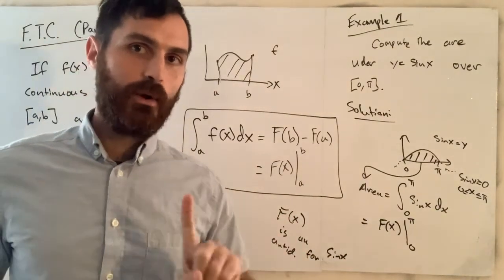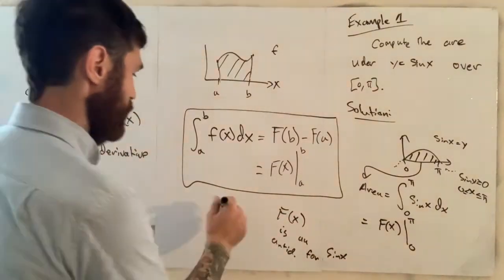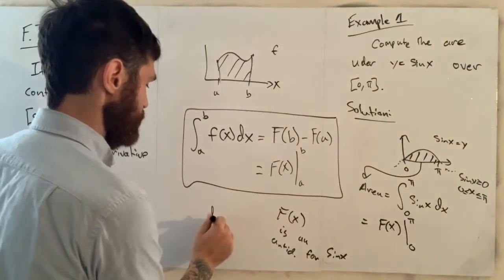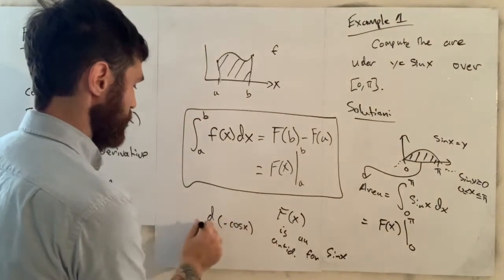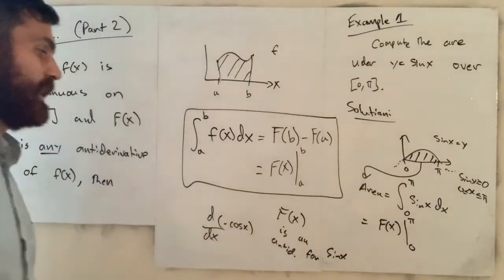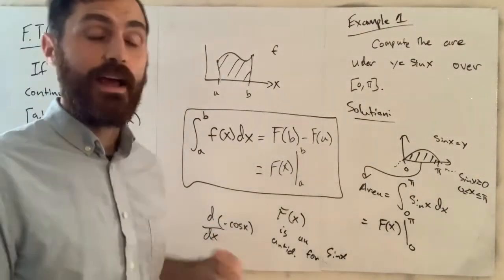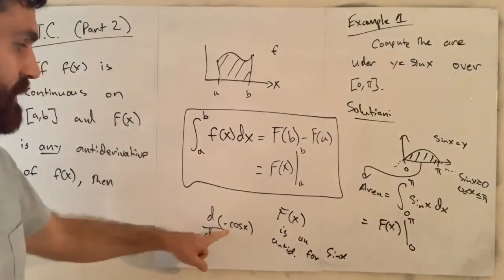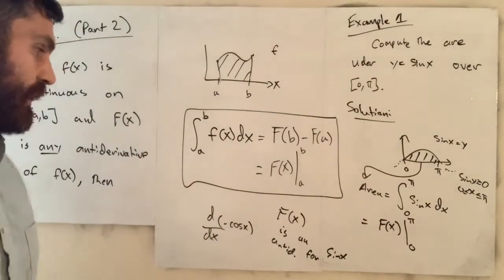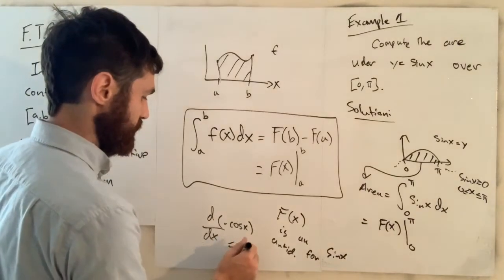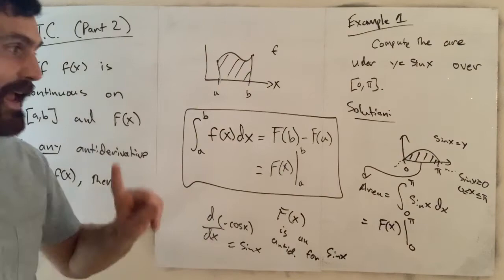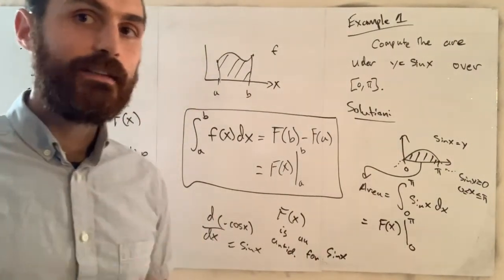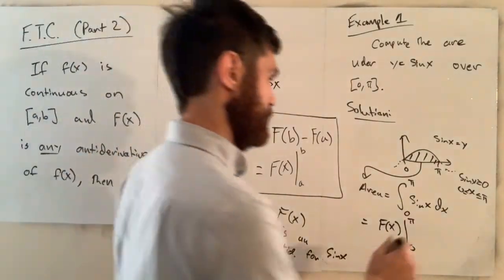But what's one that we know about? Well, we know that if you take the derivative of cosine of x, you're going to get negative sine of x. So if I take the derivative of negative cosine of x, I get sine x. So what that means is negative cosine of x is an antiderivative for sine of x.